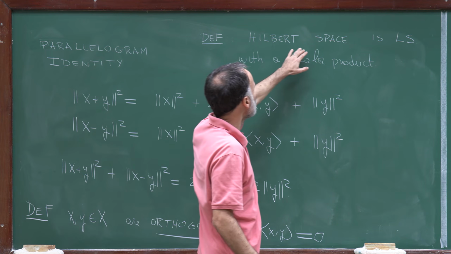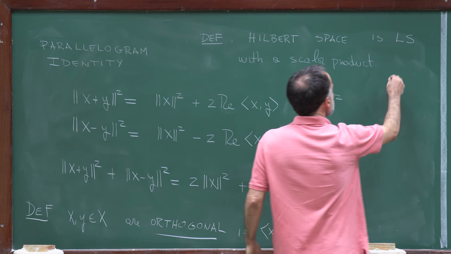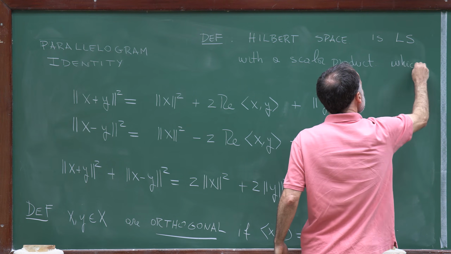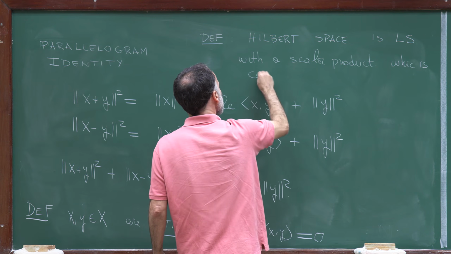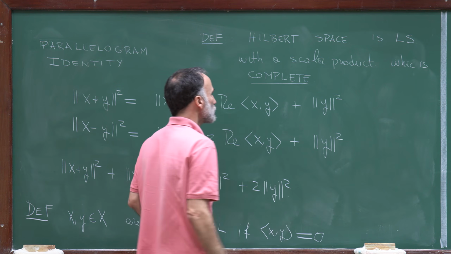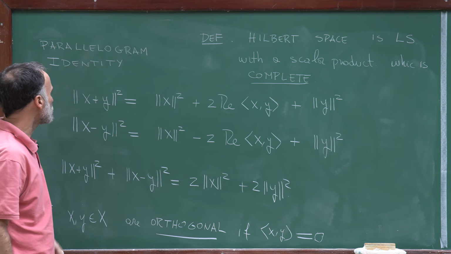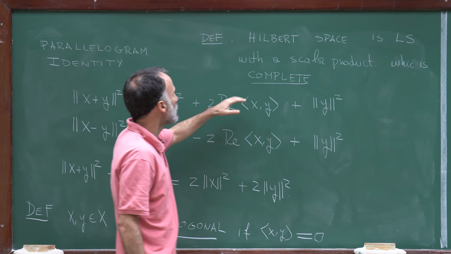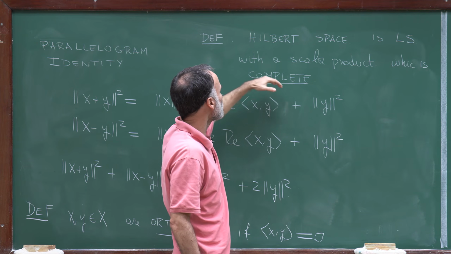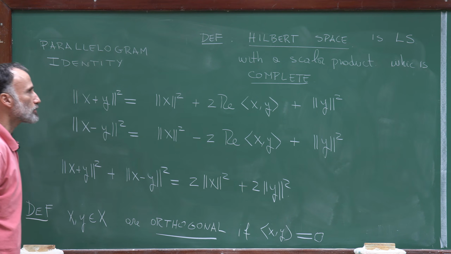A linear space with a scalar product will be a Hilbert space if it is complete. Right, so if the space is complete with respect to the norm, and we defined already what a complete space is, so if it has a scalar product and if it is complete with respect to that norm, it will be called a Hilbert space. And this is the subject of this lecture and the next ones.